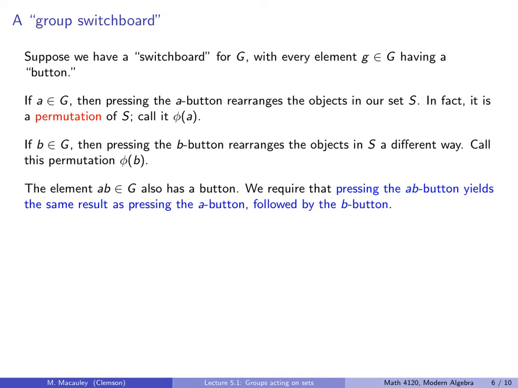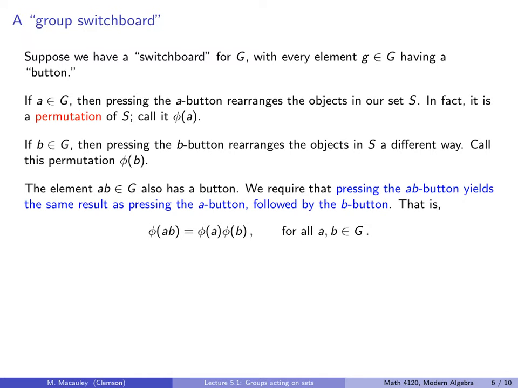Finally, there's another element, A times B. AB is an element in G. That has a button. And here's the key property. We require that pressing the AB button yields the same result as pressing the A button followed by the B button.